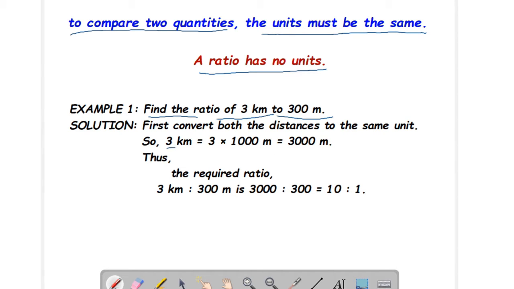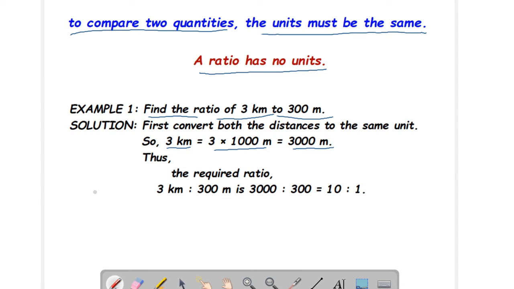So first convert both the distances to the same unit. We know that in 1 kilometer, 1000 meters are there. Therefore we multiply 3 into 1000 and it will be converted into meter. 3 into 1000 is 3000 meter. Here the unit of both the terms is the same.